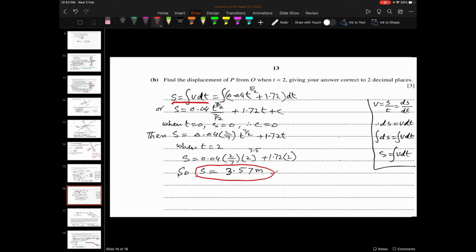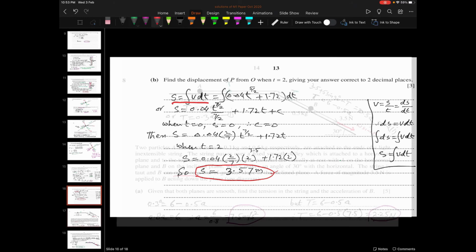Now when t is equal to 2, S is equal to 0.04 multiplied by 2 upon 7 multiplied by 2 to the power 7 over 2, plus 1.72 multiplied by 2. Hence the displacement covered by the particle P is 3.57 meter.